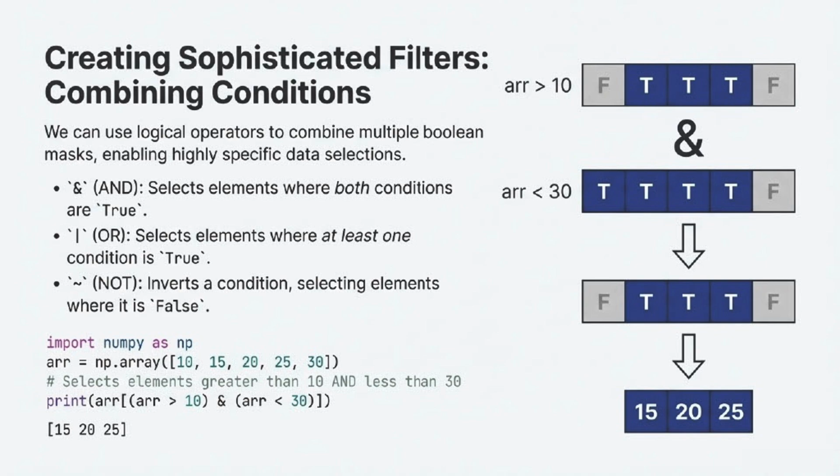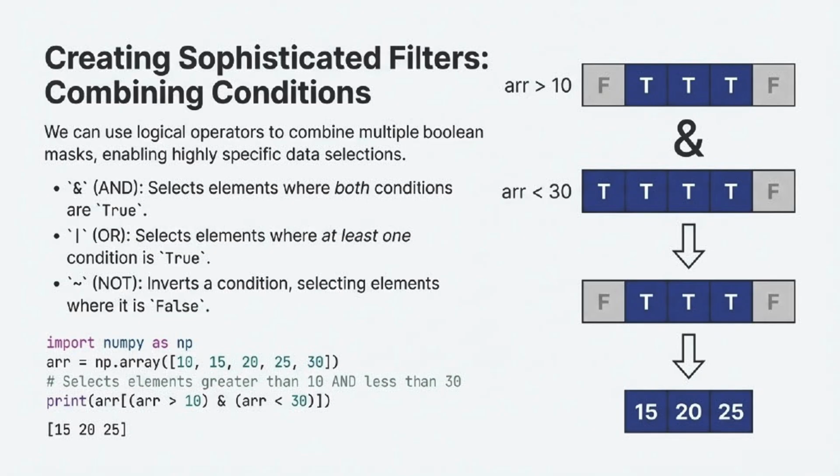Combining conditions allows us to filter data using more than one rule at the same time. Logical operators like AND with ampersand, OR with pipe, and NOT with tilde help create precise selections. NumPy is imported and an array arr is created with the values 10, 15, 20, 25 and 30.